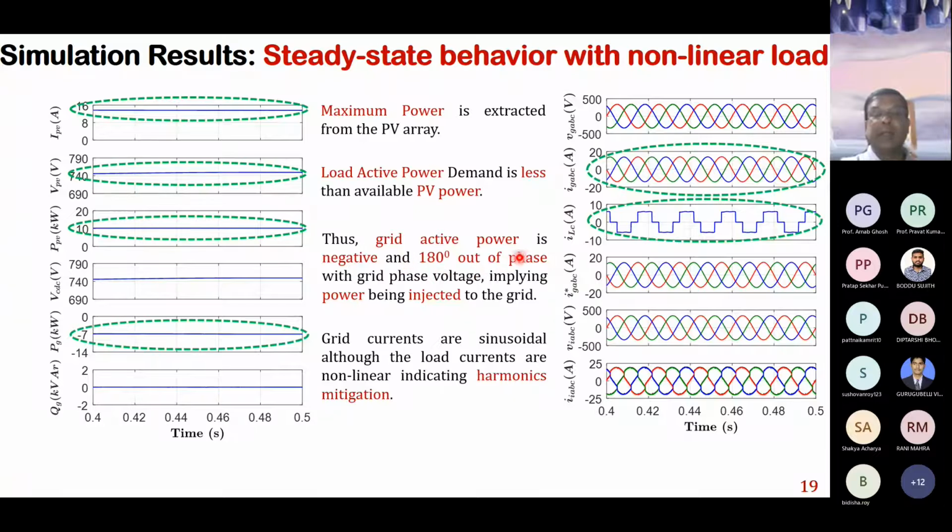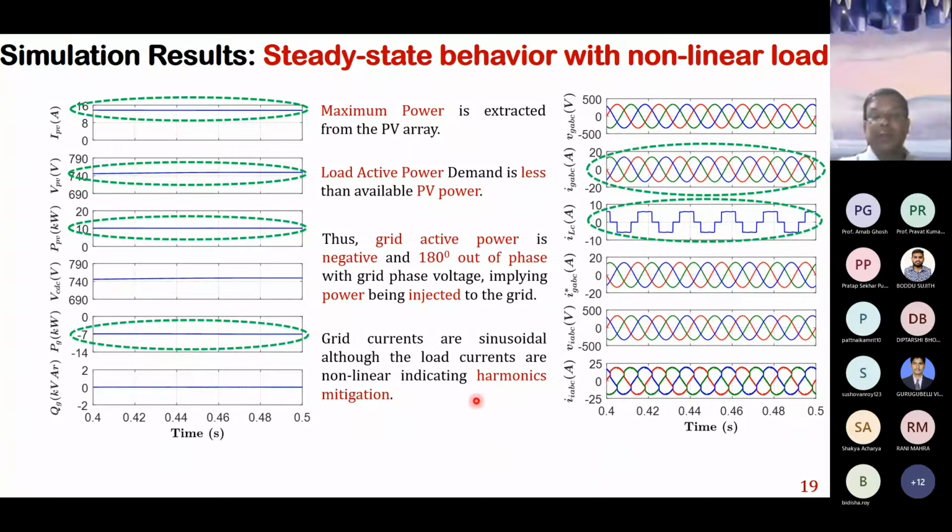And the grid active power is negative, and 180 degree out of phase with the grid phase voltage, implying the power is being injected to the grid. And grid currents are all sinusoidal.